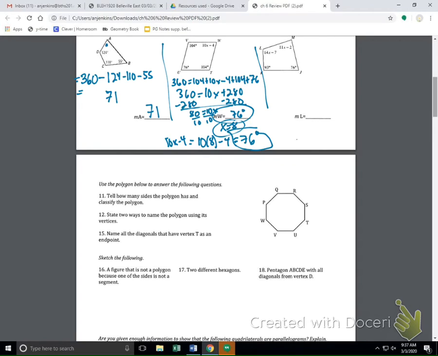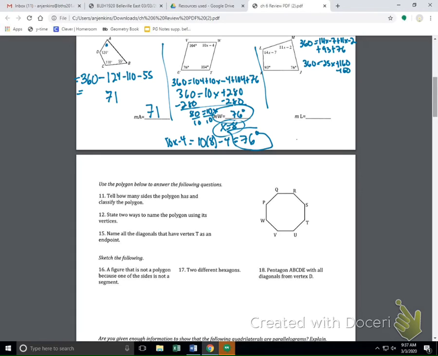Okay, and then we won't mess this one up. We have 360 equals 14x minus 7 plus 11x minus 2 plus 93 plus 76. We end up with 360 equals 25x. Okay, so then negative 7 minus 2 gives me negative 9, plus 93 plus 76 gives me 160. Okay, glad you're checking.